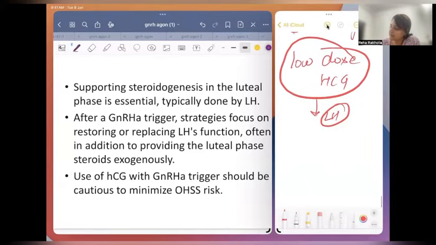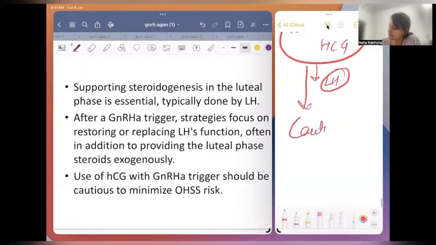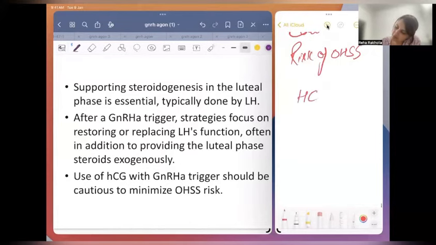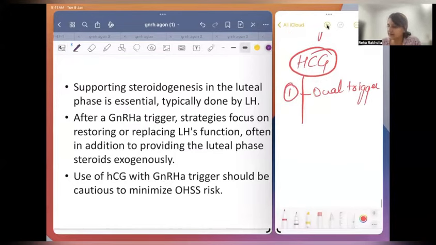Okay. But with this, the caution we take is that there can be a risk of OHSS. Now, HCG, by what routes? There can be a dual trigger. Second is at oocyte retrieval.